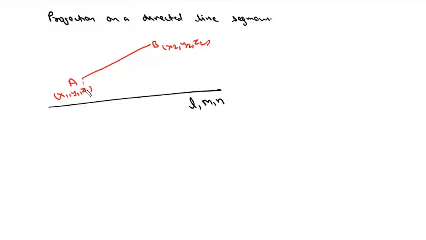Now if we look at the projection of AB on this line, then this CD is the projection of AB on this line. So we can find this projection of AB on CD as A dot B cap. Now here vector A is (x2 minus x1, y2 minus y1, z2 minus z1), and B cap is Li plus Mj plus Nk. So simply it will be (x2 minus x1)L plus (y2 minus y1)M plus (z2 minus z1)N. So this is how we find projection on a directed line segment.